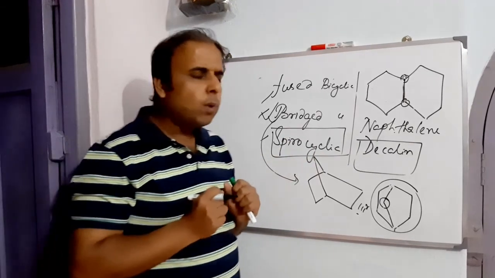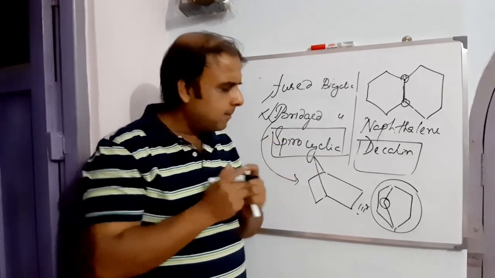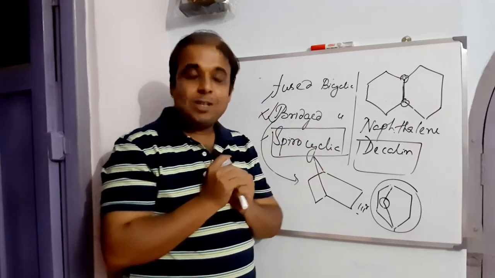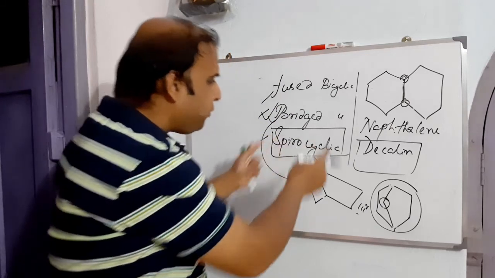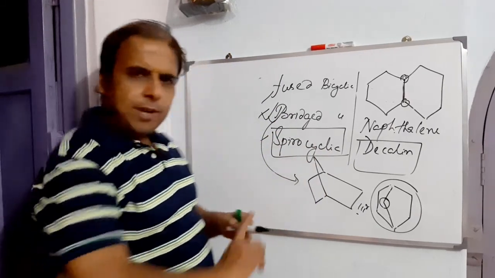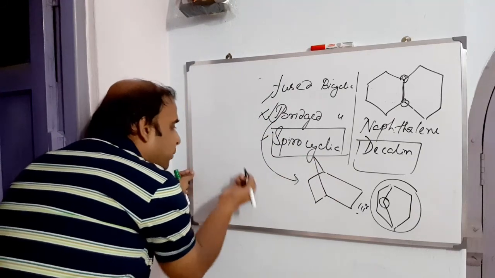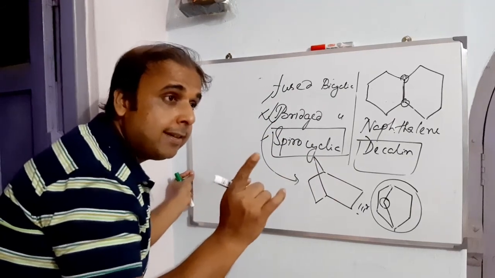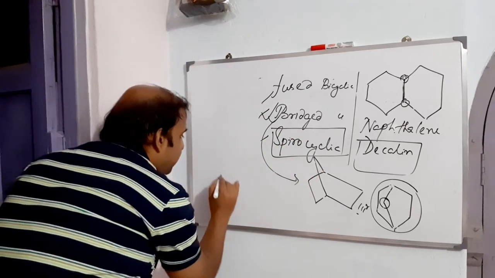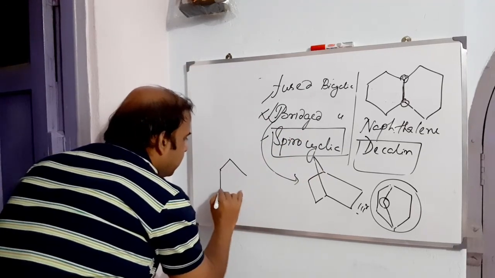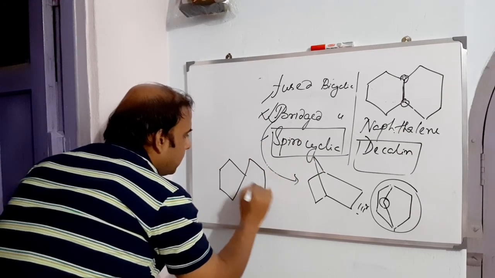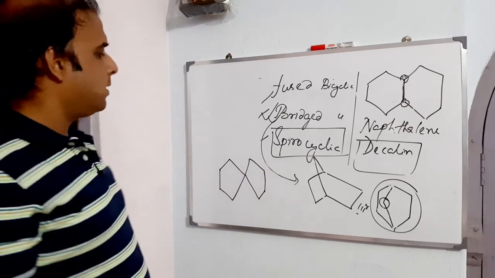In case of spiro, both the cycles pass through a common point. What does it mean? If we try to figure out how it looks, as I said, two cycles passing through a common point, so let me just draw it up like this.